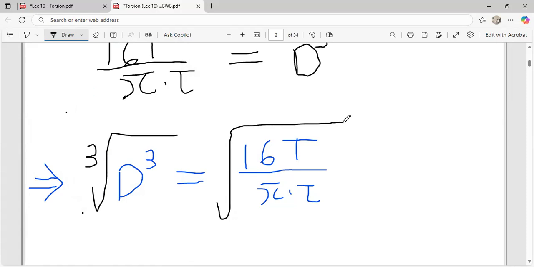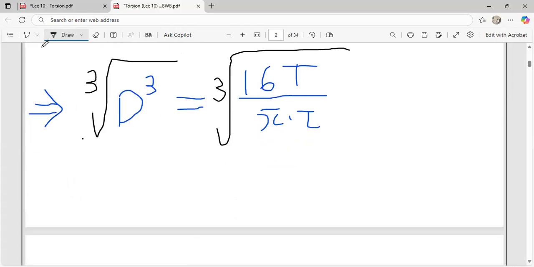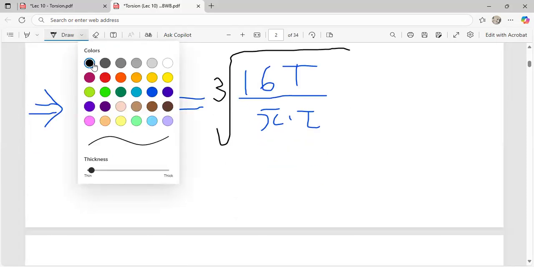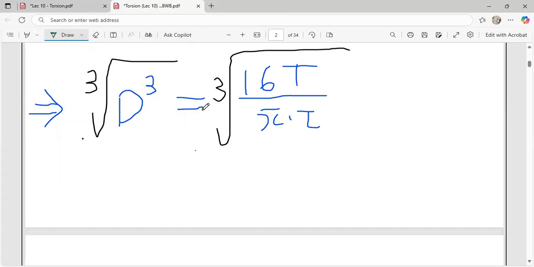Okay, we have to take the cubic root of what? Both sides. So at the end of the day, you realize that this sign is going to take care of this sign. So now we can say that the d is standing alone.